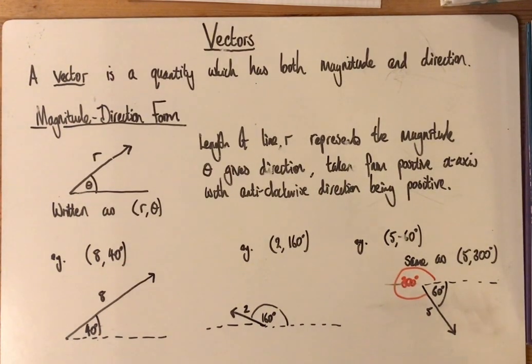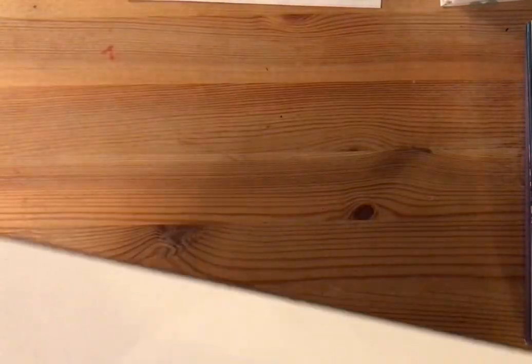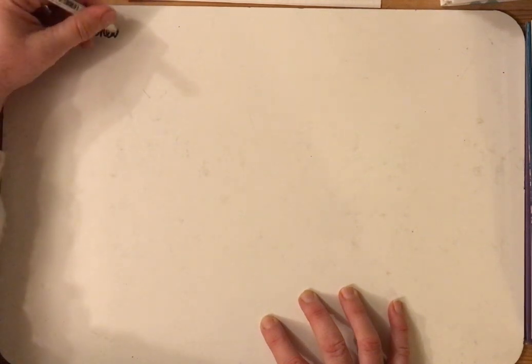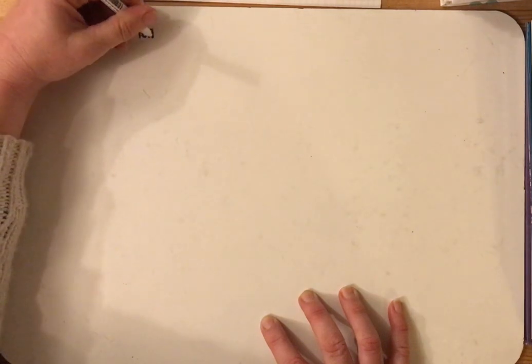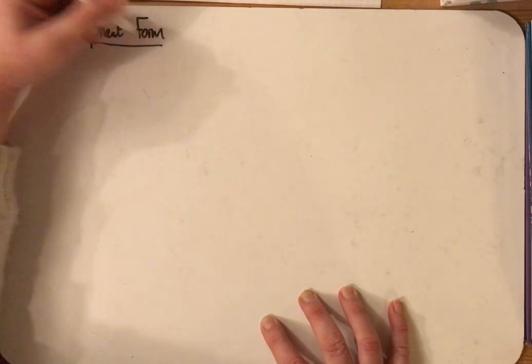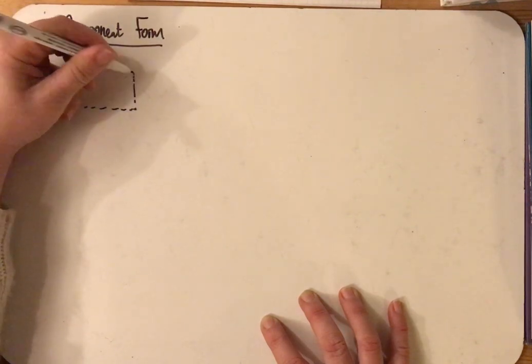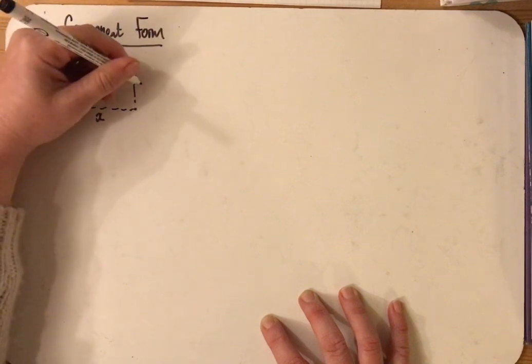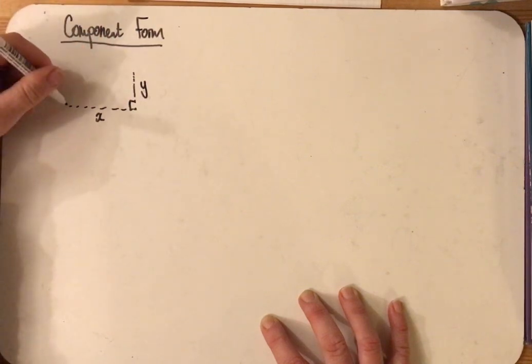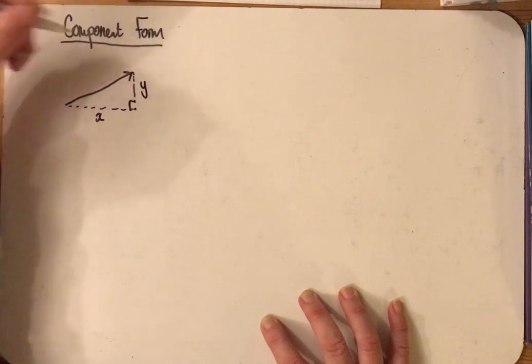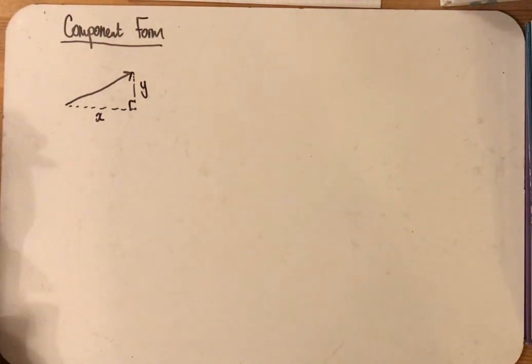Right, the other form is component form. This is where you go along x and up or down y, and that creates your vector along the hypotenuse.